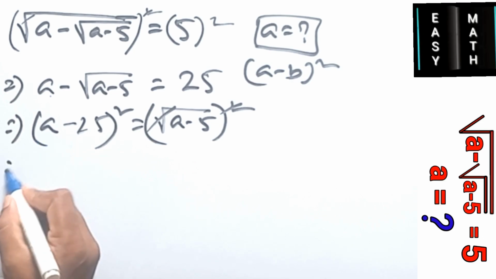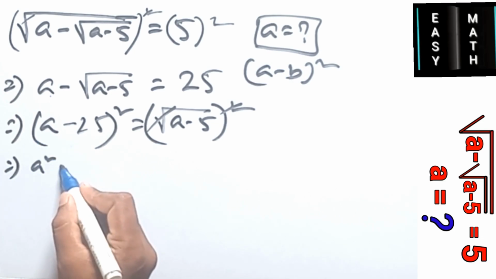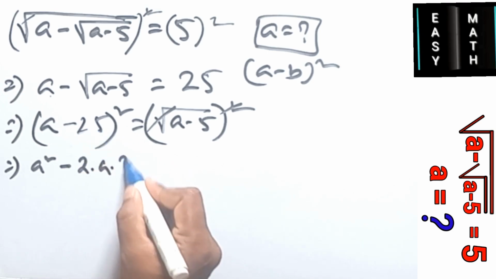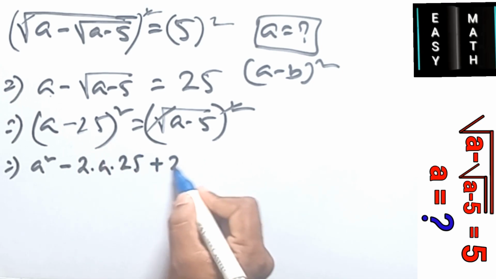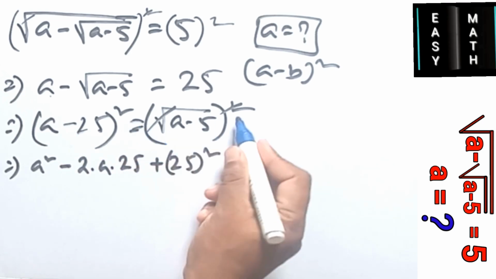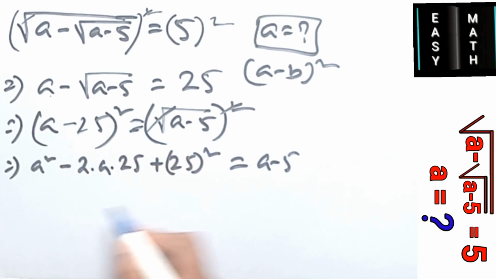So there is a square, 2 times a times 25, and 25 square. This equals a minus 5 after cancelling here.